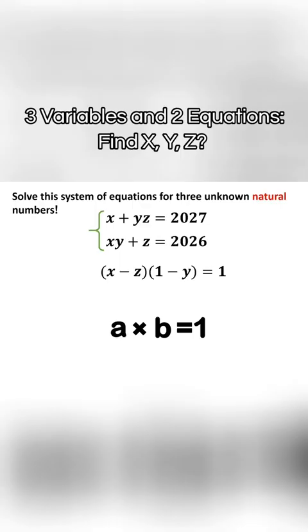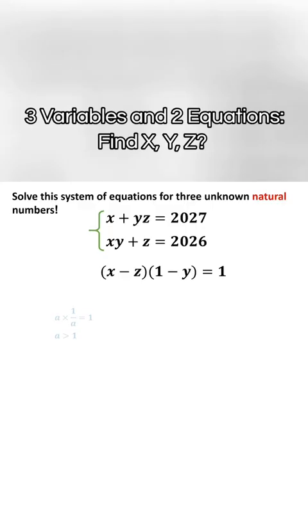Let's explore the possibilities. Case 1: a number multiplied by its reciprocal, like 2 times a half, or 3 times a third. Case 2: both parentheses equal positive 1. And case 3: both parentheses equal negative 1. Let's test case 1. In this case, a would have to be a natural number greater than 1, like 2 or 3, or a negative integer less than negative 1, like -2 or -3.